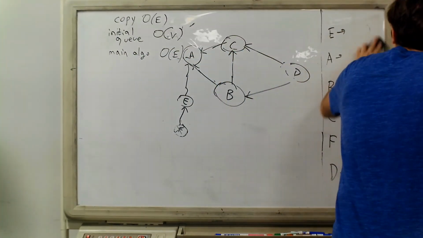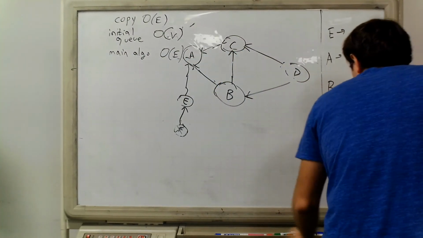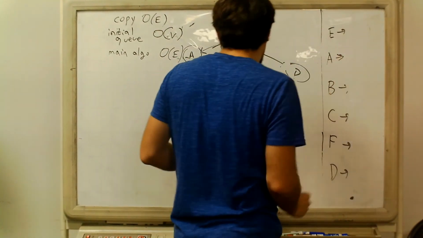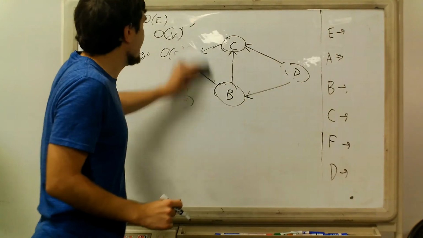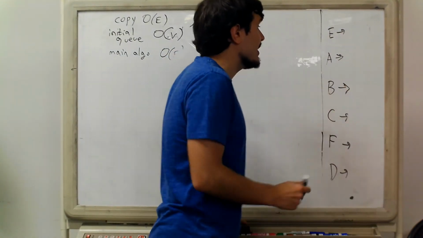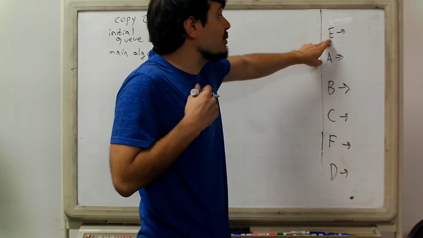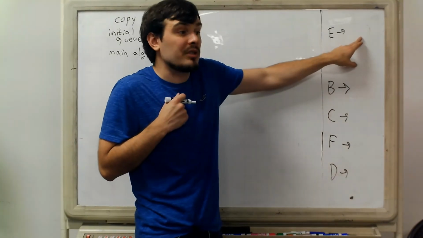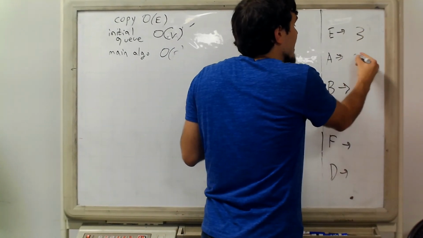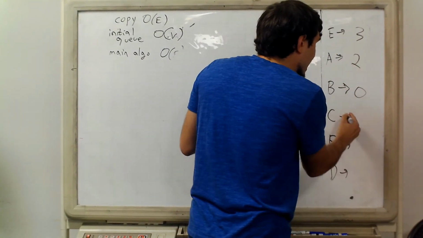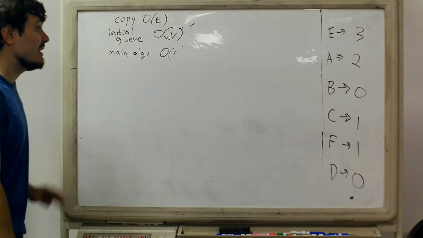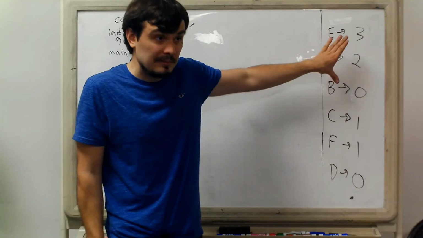So when I initially see this, I can just go ahead and associate each node with a count. How many dependencies does it have? So E has 3 dependencies, and A has 2, and B has none, and C has 1, F has 1, and D has 0. Then I'll just initialize the map like that.